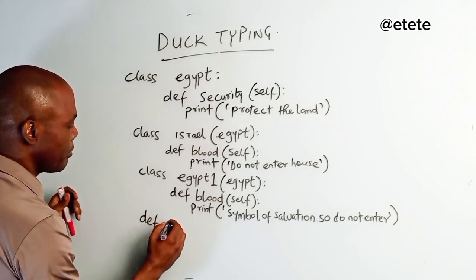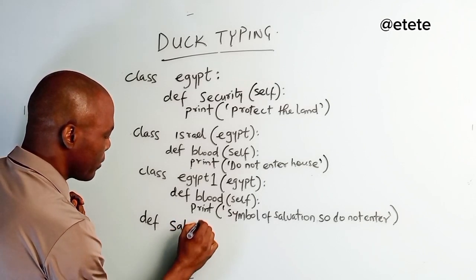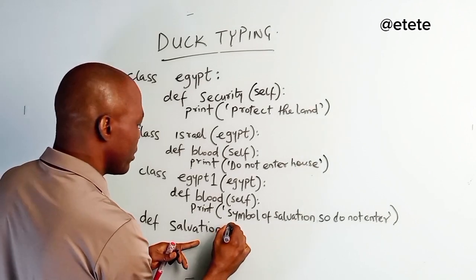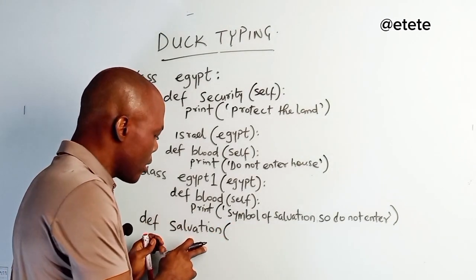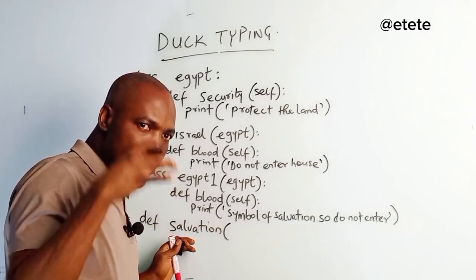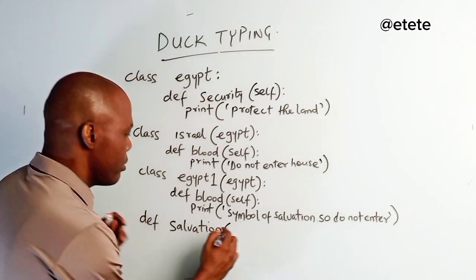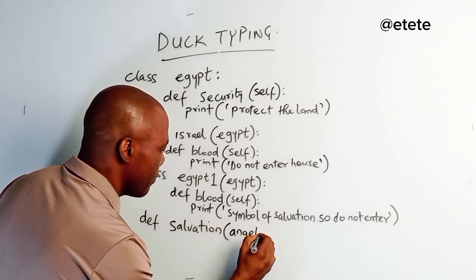So we define, then we'll call this one salvation, right? Now, what we want to do is that an angel was sent, right? So the angel that was sent, we are going to put the angel here, right?